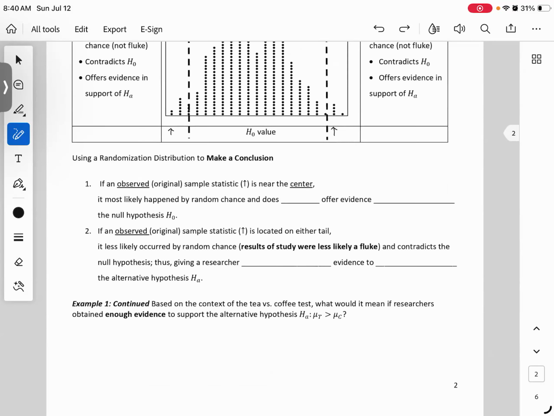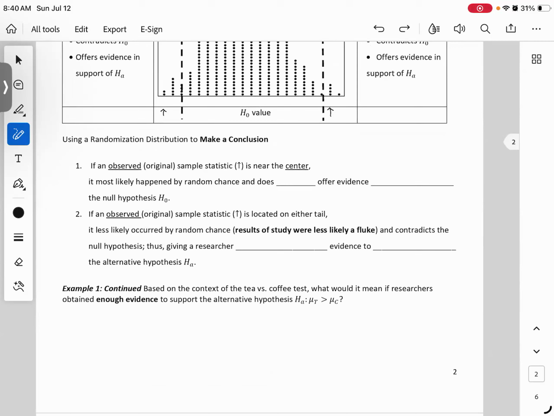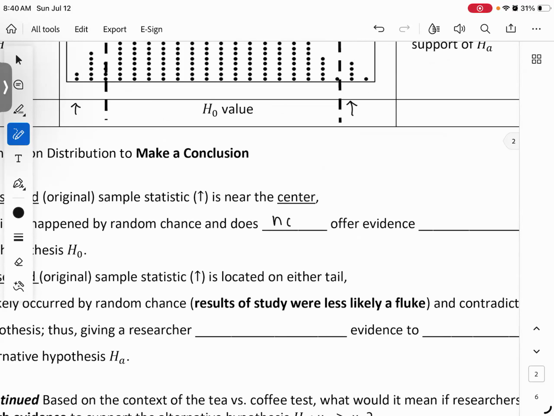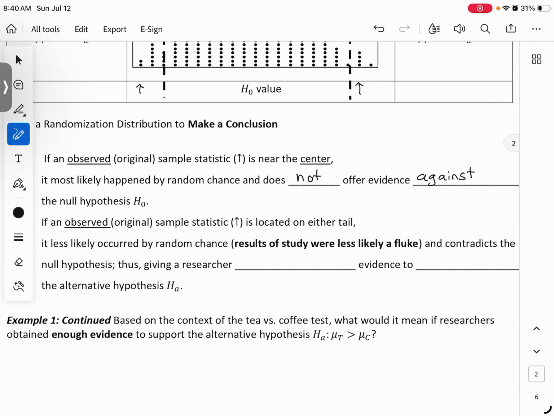And when it comes to making conclusions, again, anything in the center would not be good for us because it would not give us evidence against the null. Victories for us happen anytime that we're way out on the tail.